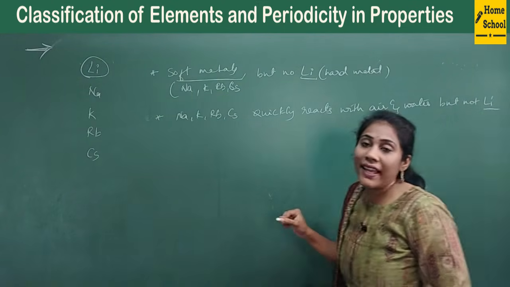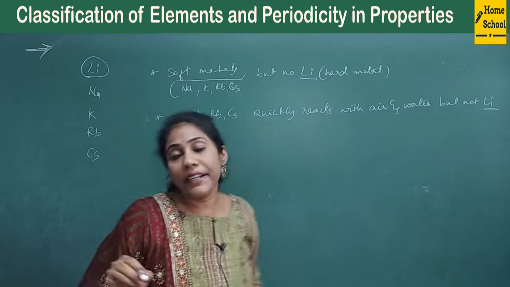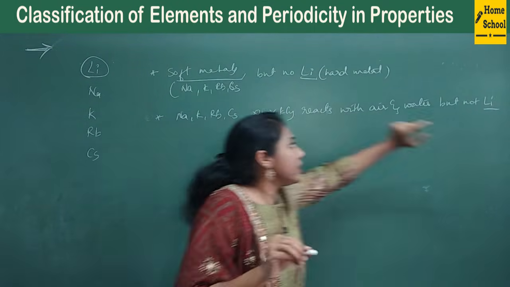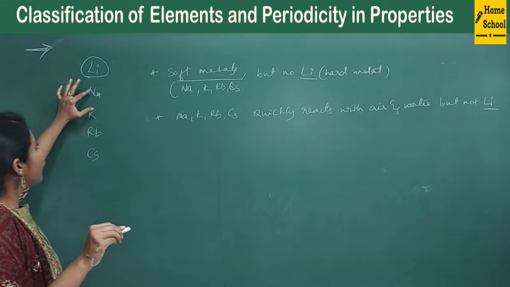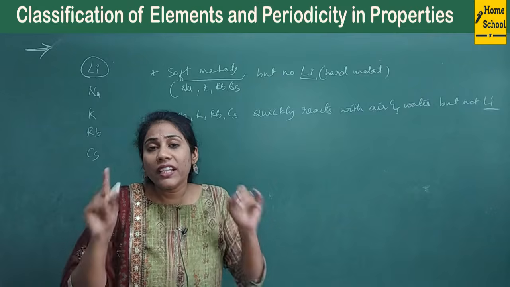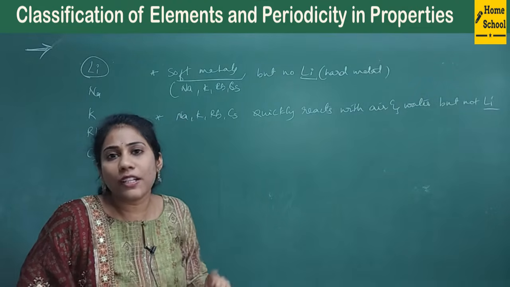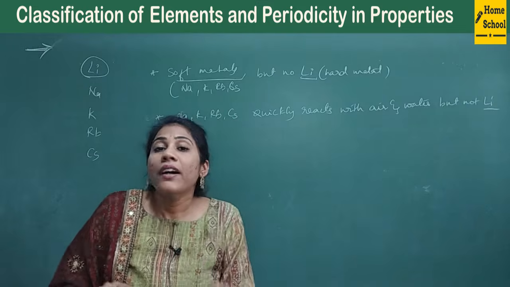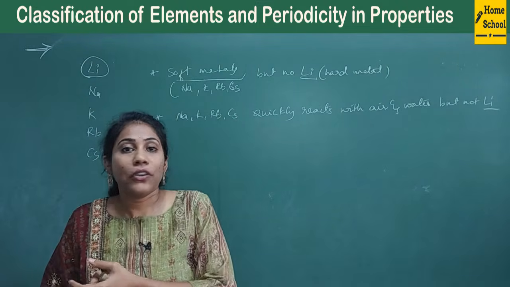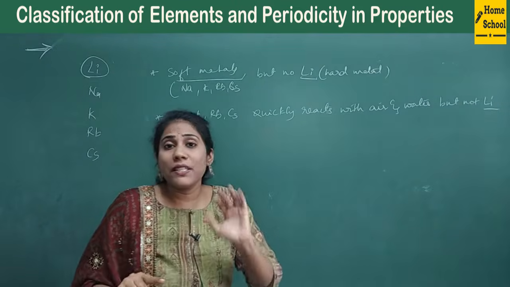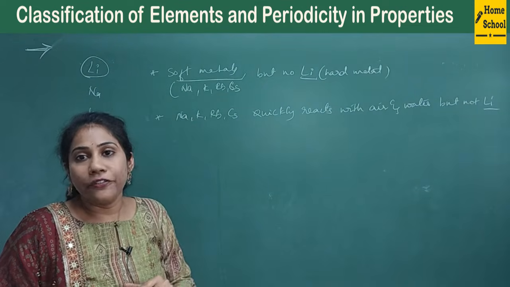Lithium reacts with air, but it is not a violent reaction, and the reaction is quite difficult compared to these guys reacting with air and water. They quickly, vigorously, spontaneously react with air and water, whereas lithium reacts with little difficulty. So that is another case where lithium is very special and very different.